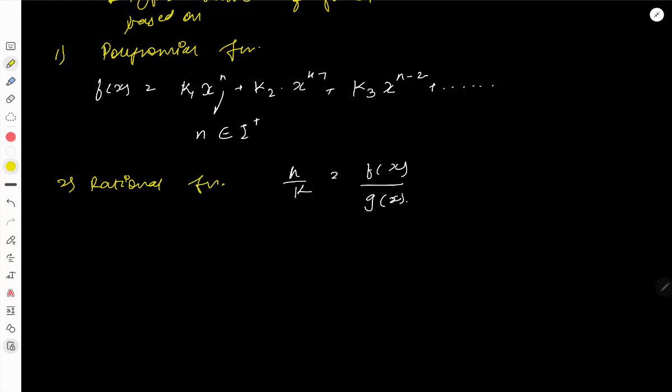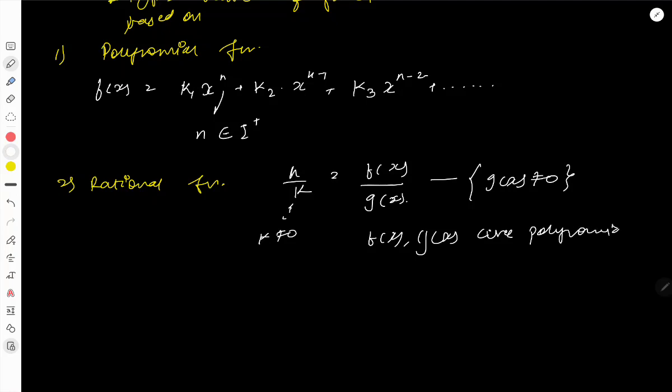In this case we define that k is non-zero, and here we define g of x is not equal to 0, and f of x and g of x are polynomials.